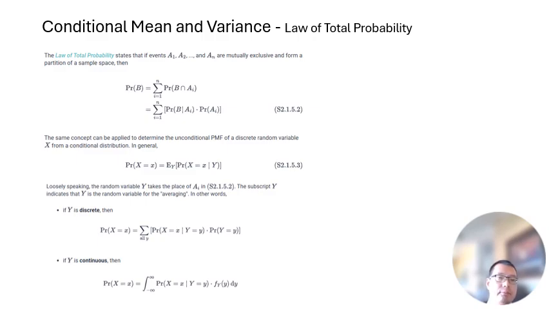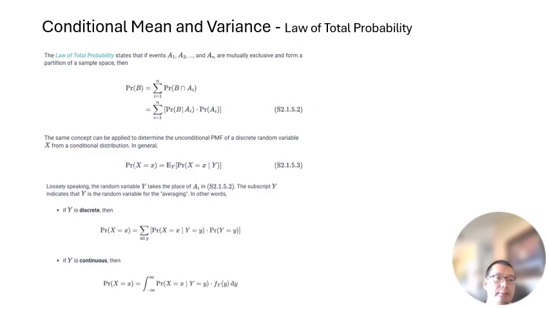This can be further converted to the probability of B given event Ai happened times the probability of Ai, and you sum them up for i from 1 to m. If we apply this concept to a continuous mixture, meaning event A is a continuous event, then there is no PMF, there is just a PDF, so we have to use an integral to calculate the probability of x.